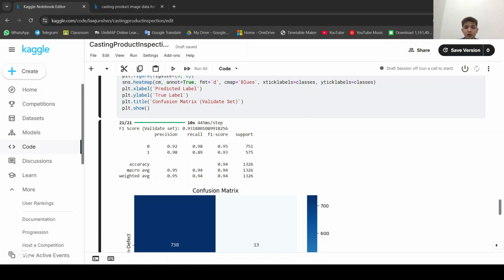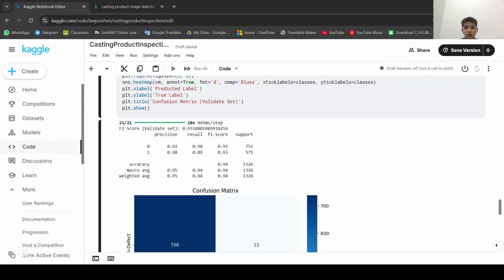For class 0, representing okay, non-defective products, the precision is 92% and recall is 98%, meaning it rarely classifies an okay product as defective. For class 1, representing defective products, precision is 98%, but the recall dropped to 89%, meaning some defective items are missed.